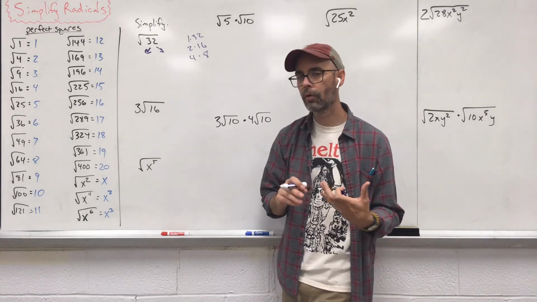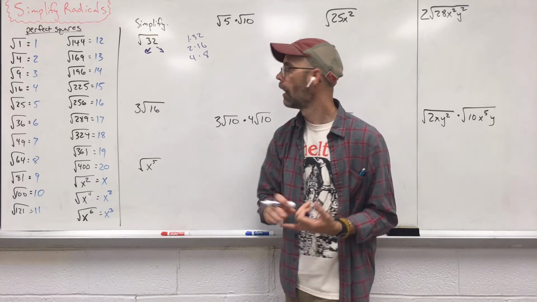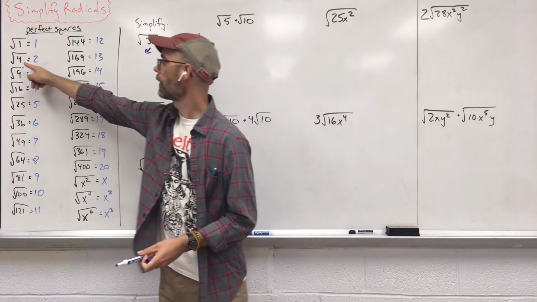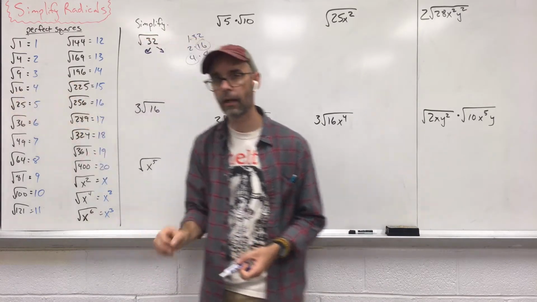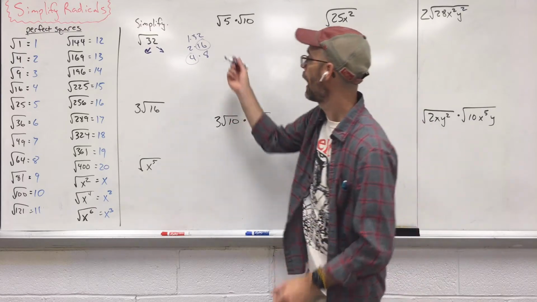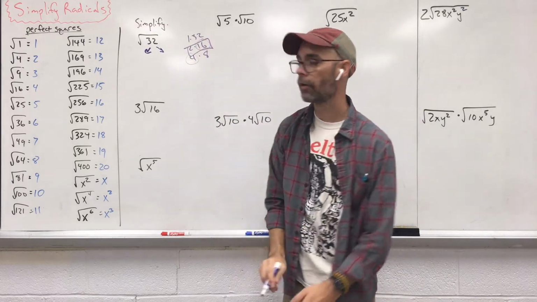Now I'm looking for a perfect square. 4 is perfect, 16 is perfect. I've got a 4 there, I've got a 16 there. Good. I want to find the largest number, and that's going to be this pair, 2 and 16.